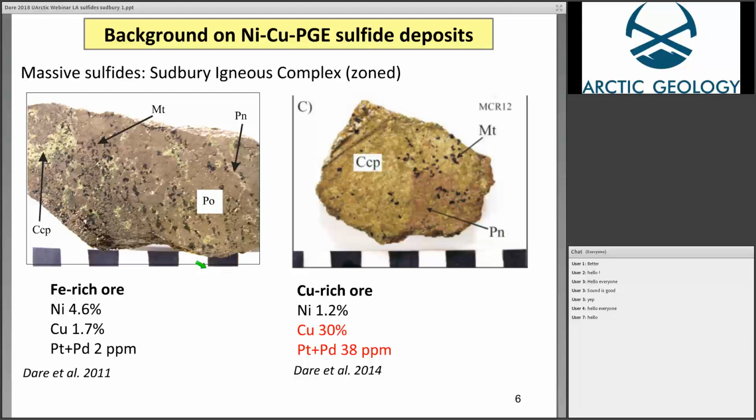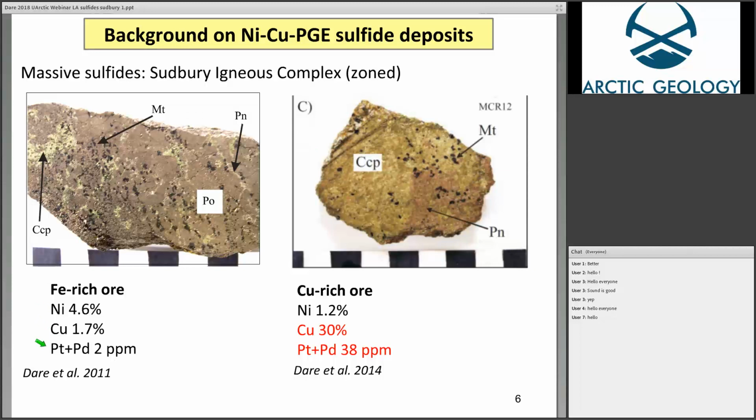Now in massive ore bodies, such as at Sudbury, also at Voisey's Bay, essentially you will get large ore bodies or zones of iron-rich ore on the left and your copper-rich ore on the right. So we know from just analyzing this as a bulk analysis that the chemistry varies according to whether you're iron-rich or copper-rich. So iron-rich is typically fairly enriched in nickel.